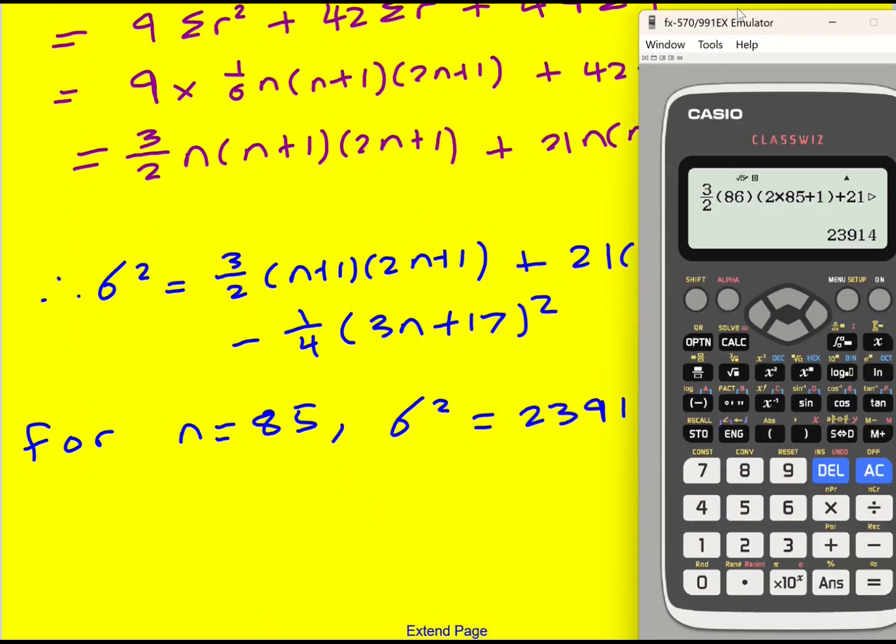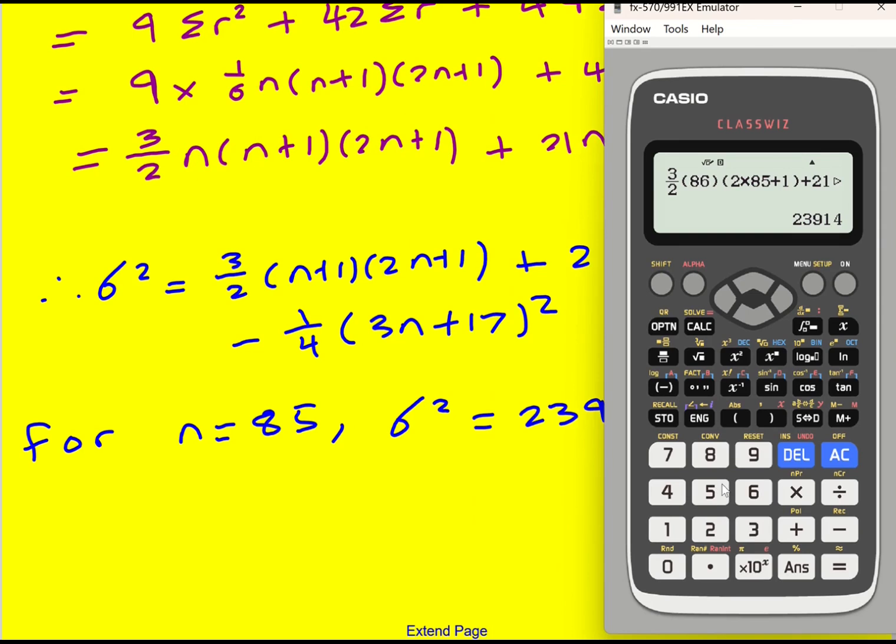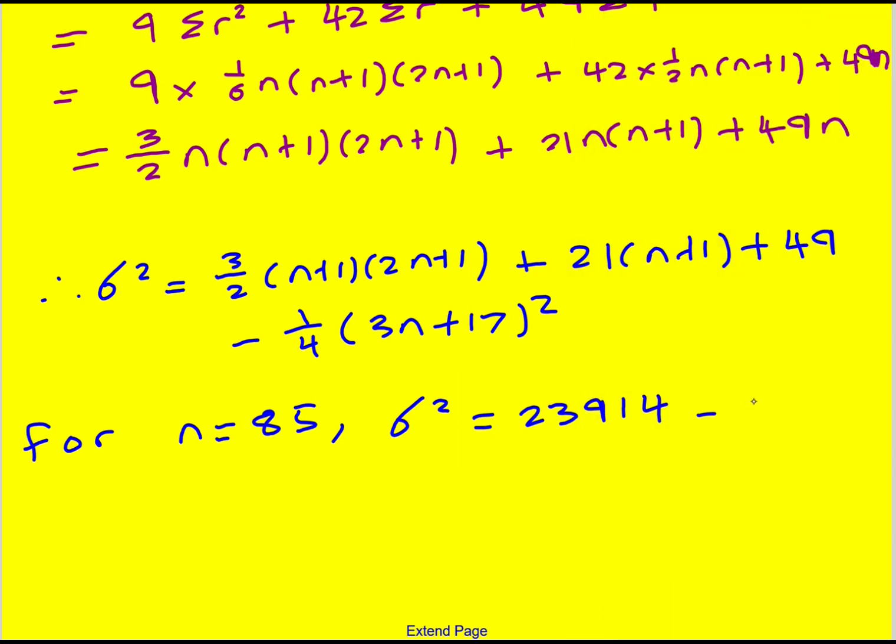And then for the mean, I've got a quarter times 3 times 85 plus 17 all squared. Gives 18,496. Subtract these.